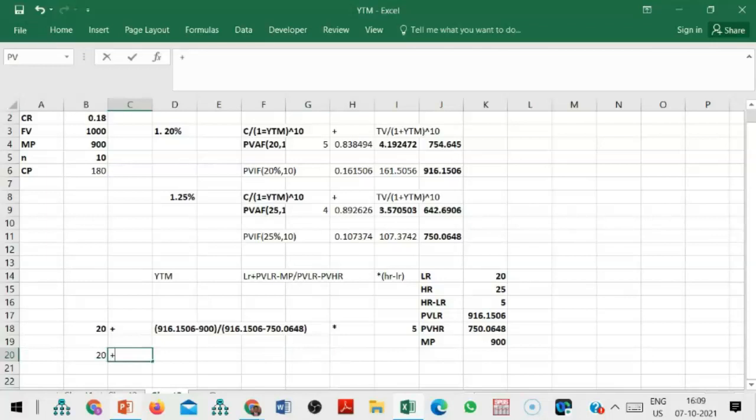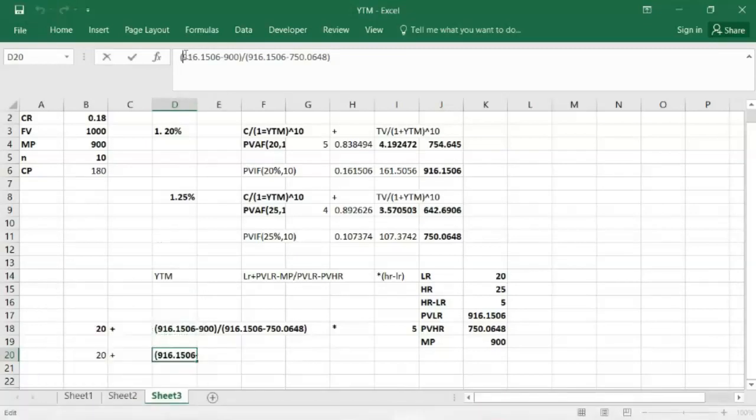20 plus what exactly? I can copy the same and use the equal to, so the proportion between the two values: the present value of lower rate minus market price, divided by the present value of lower rate minus higher rate.